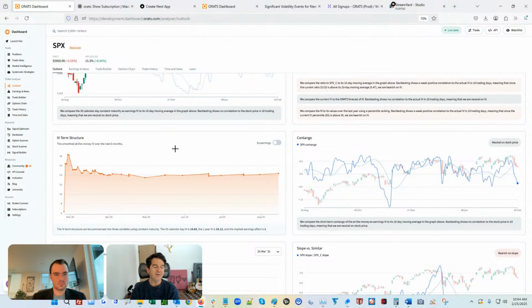It's much like an earnings event where the implied volatility goes up, and then after the big move on earnings, the volatility drops.